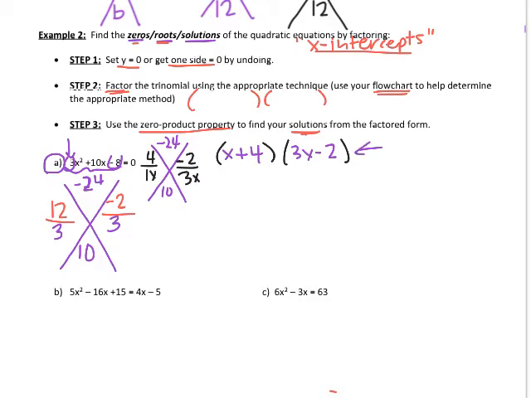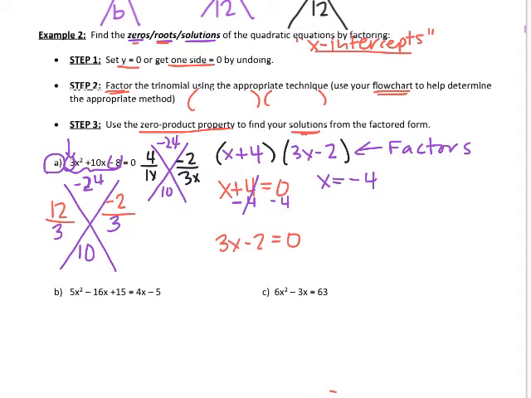Okay, so these are the factors, but in order to find the zeros, I have to set each one of these equal to 0. So if I take x plus 4 and set that equal to 0, and then 3x minus 2 and set that equal to 0, I should be able to subtract 4 here and subtract 4 here. That cancels. So one of my zeros is going to be negative 4.